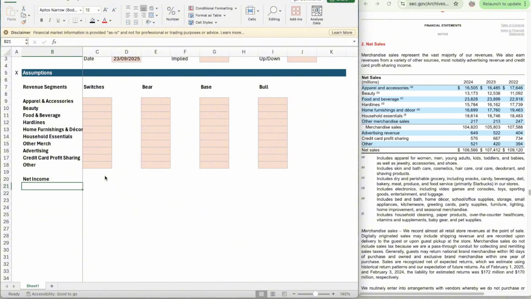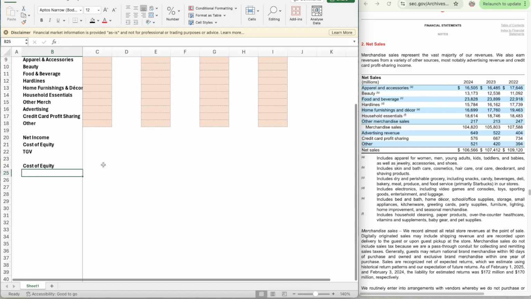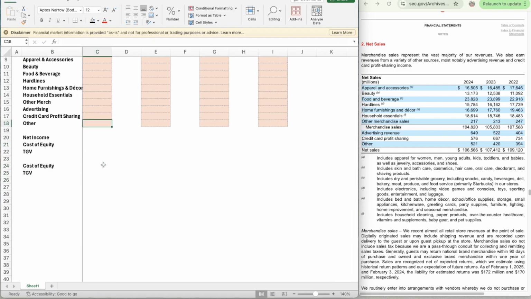Net income, cost of equity, terminal growth value, then cost of equity, TGB. Okay, looking good.